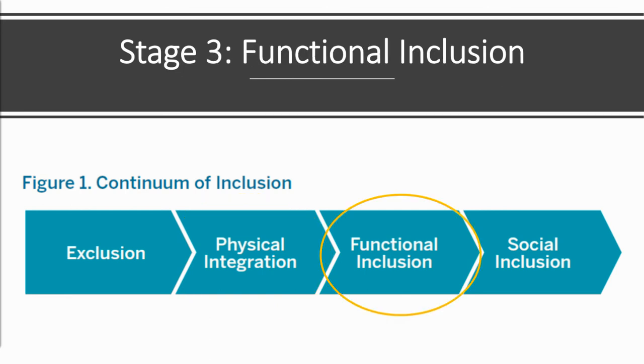The next step on the continuum is functional inclusion, in which the children with disabilities are now functioning well and having success and experiencing enjoyment in the camp setting. The adaptations to activities are working more effectively, and there is some peer interaction. However, the children with disabilities are having a lack of meaningful and long-term social interactions.